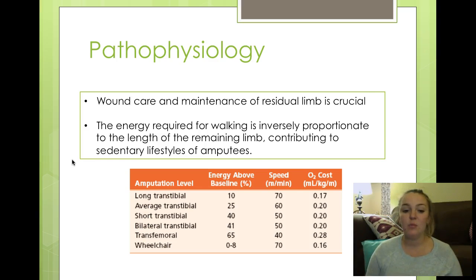For transfemoral amputations, it takes 65% more energy than it would take for a non-amputee to move. So that would be why the sedentary lifestyle is so prevalent, because once you increase the difficulty of moving, people aren't as willing to exercise or do the things that they need to do.